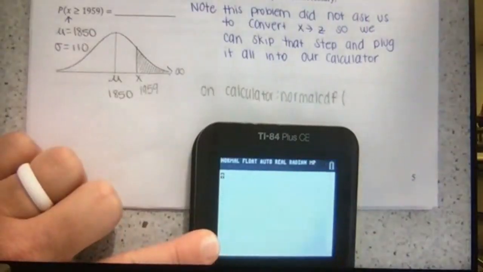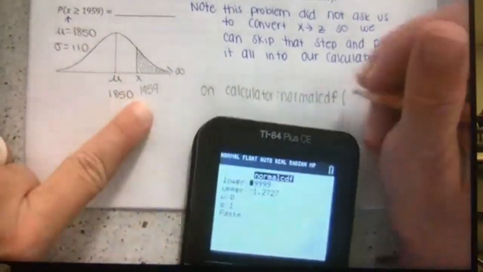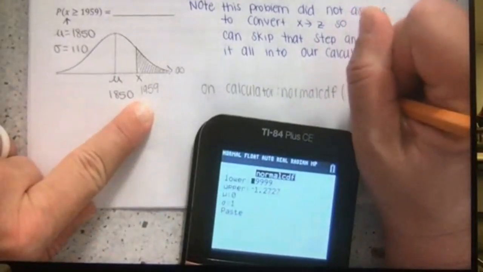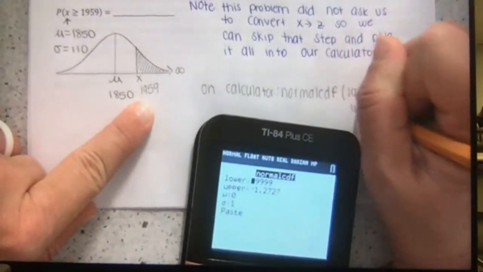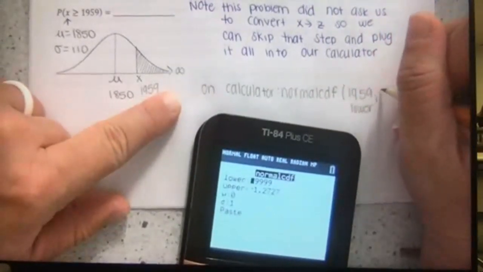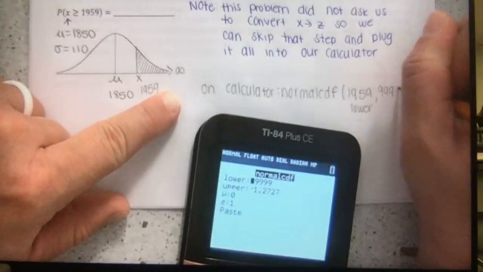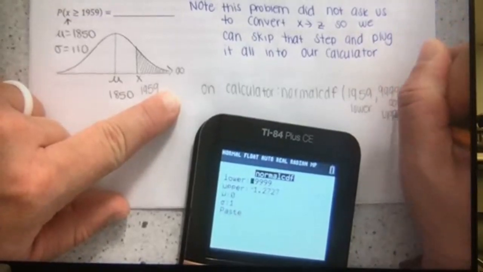So still second bars going down to normal CDF. Our lower limit, looking at the left-hand side, is 1959. So still the same, our lower boundary. Our upper boundary is infinity. So I'm going to plug in infinity into my calculator as 99999 to represent infinity for our upper boundary.